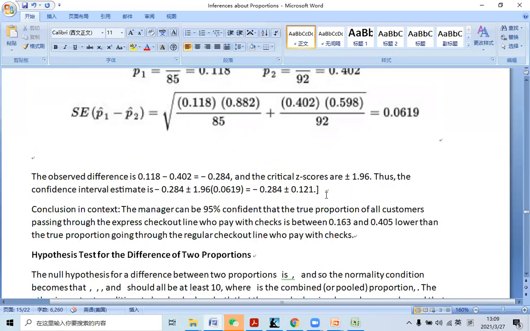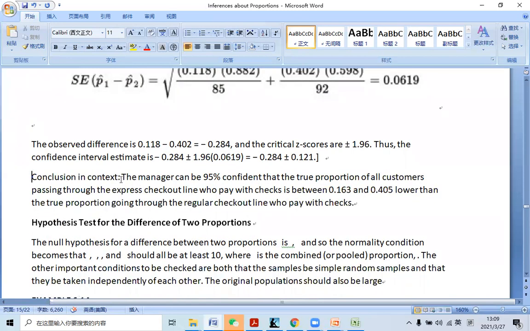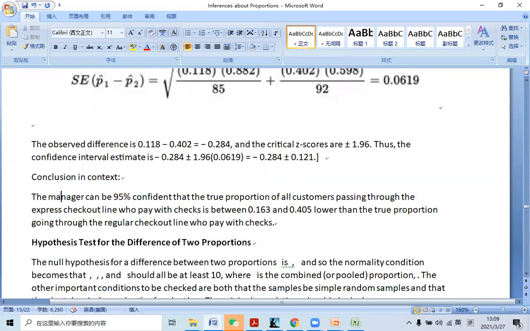Now you have the confidence interval. Your conclusion: the manager can be 95% confident. You've got to remember this by rote memory. This is the confidence level.